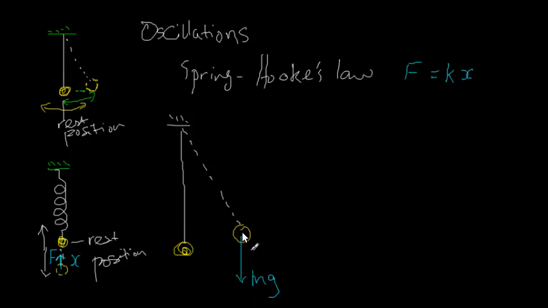So let me resolve this force into its two components. Now, but in which two directions? Well, I want to know what force actually makes the ball move. So I want to have one direction along here. Now what do we mean by here?